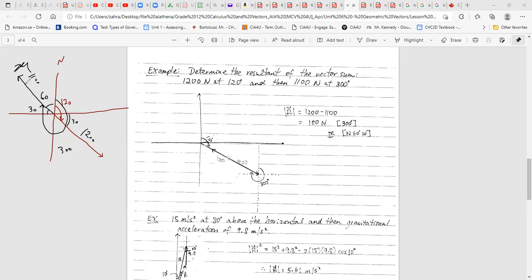Since this is bigger, the direction is going to be east 30 south, since this one is bigger. So it's going to be 1,200 minus 1,100, and the resultant is going to be in this direction.